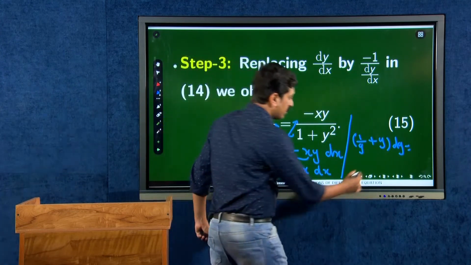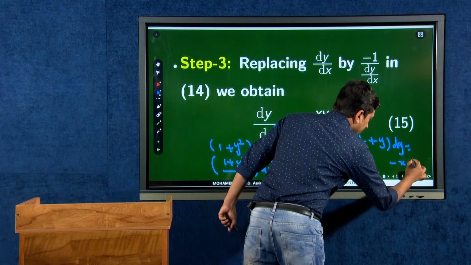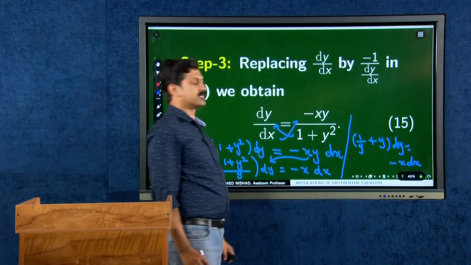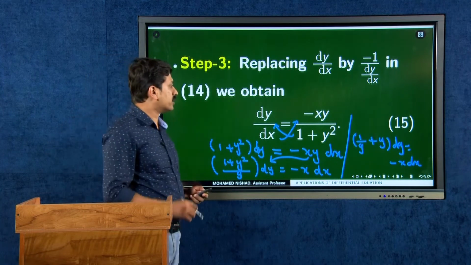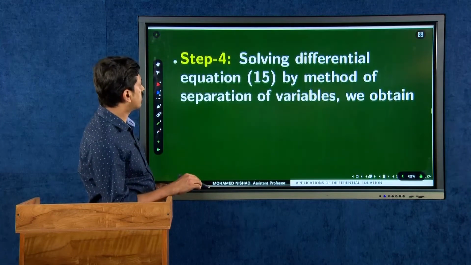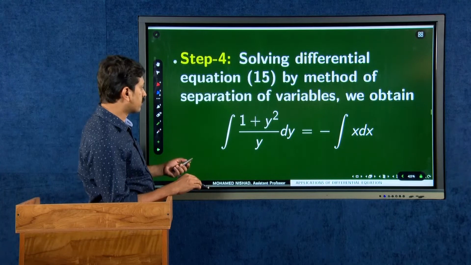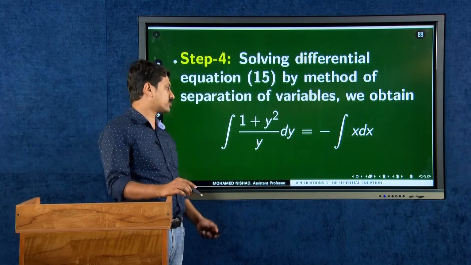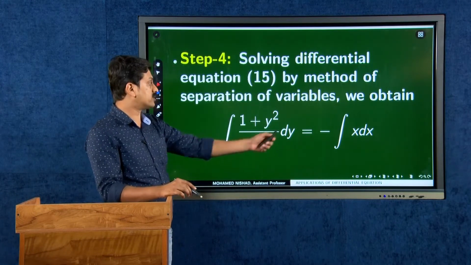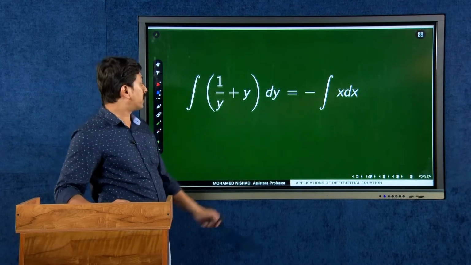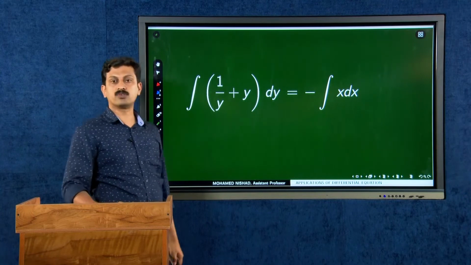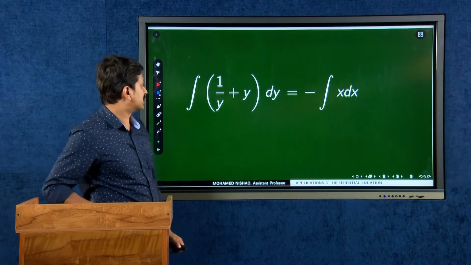Now, we can integrate. While integrating, we will get integral of 1 by y plus y dy is equal to minus integral of x dx.